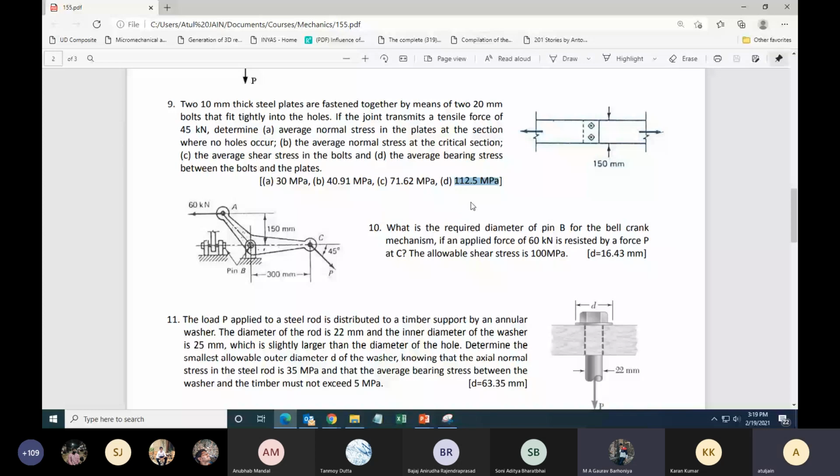Did you account for the two surfaces that are there? D into T into 2? Hello, yes, did you take D into T into 2? No, sir. That's what I think. Okay, thank you.